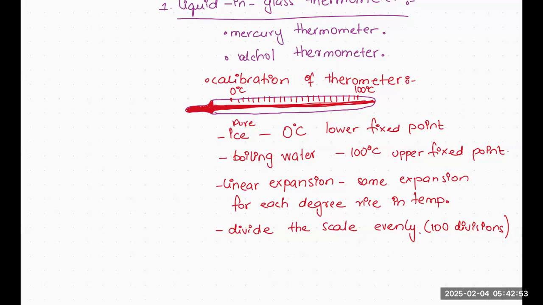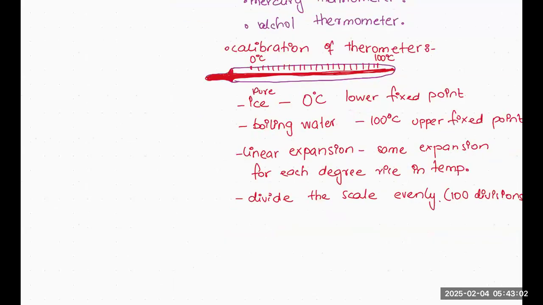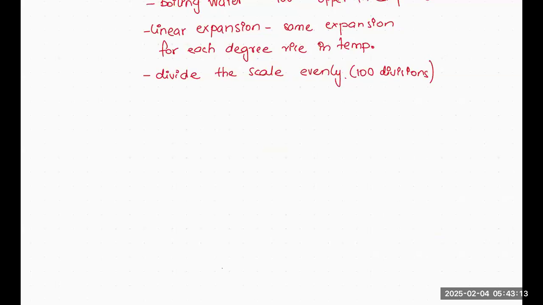Now, one of the things that you should know about your liquid in glass thermometers is the properties of thermometers. The number one property that we have to understand is sensitivity.